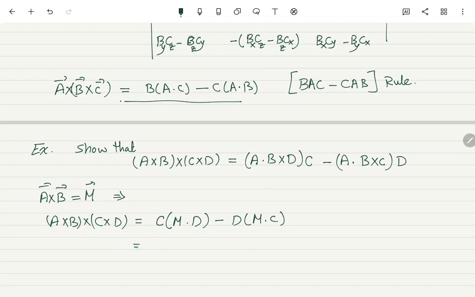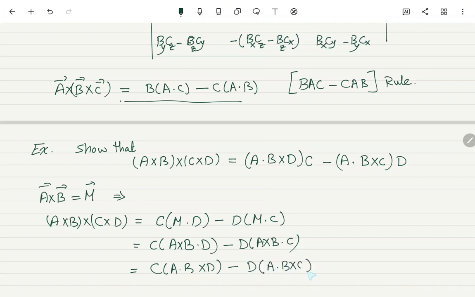And let's just substitute back, instead of M using A cross B: C (A cross B dot D) minus D (A cross B dot C), which equals C (A dot B cross D) minus D (A dot B cross C), and that's it.